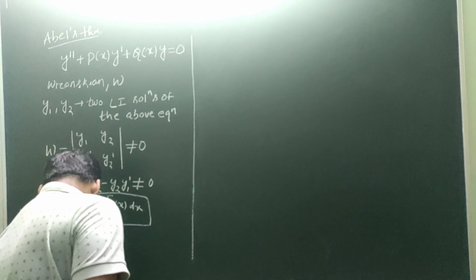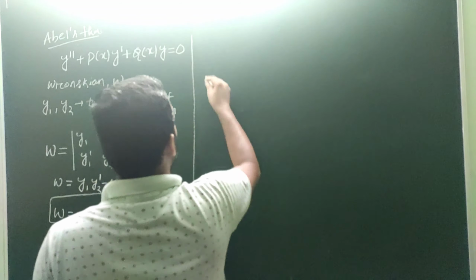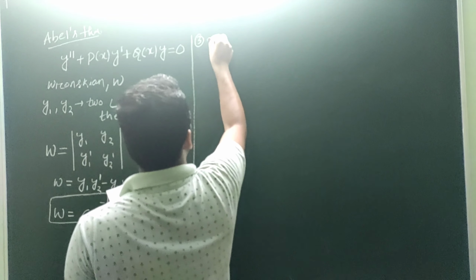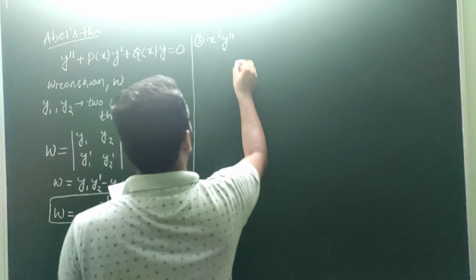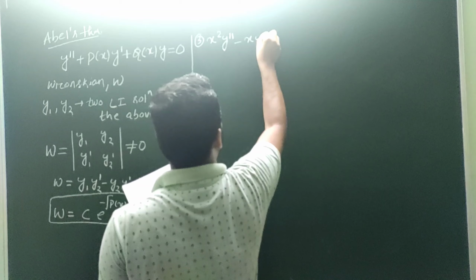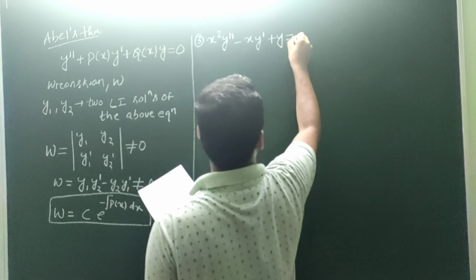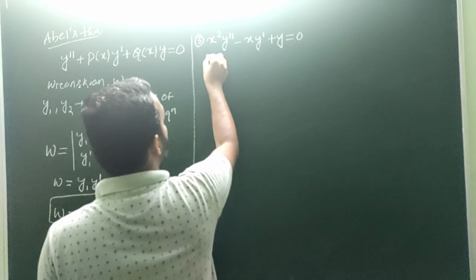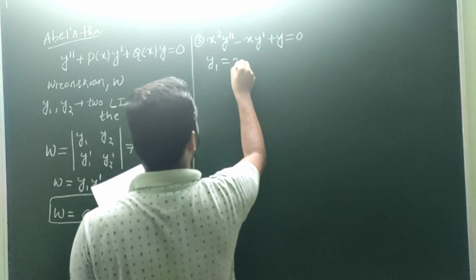Now the third question is very important. The equation is given as x square y double dash minus x y dash plus y is equal to 0. And he has given that one linear independent solution is y1 is equal to x.